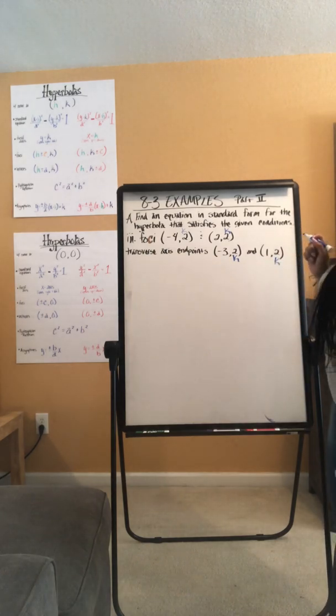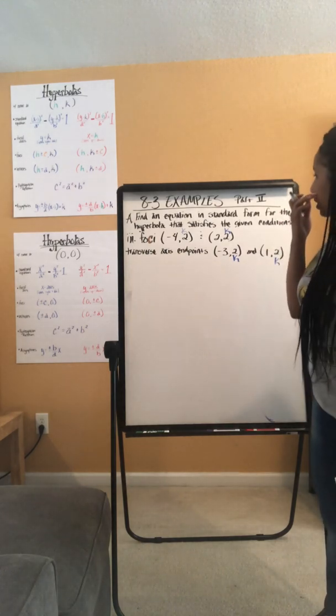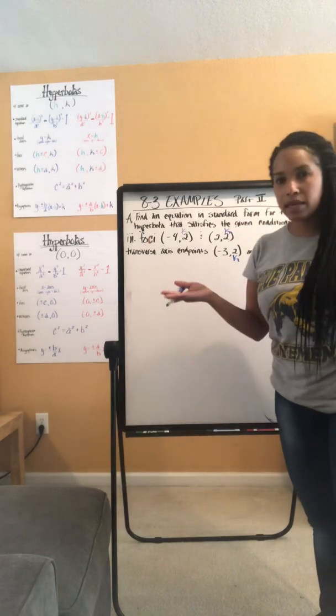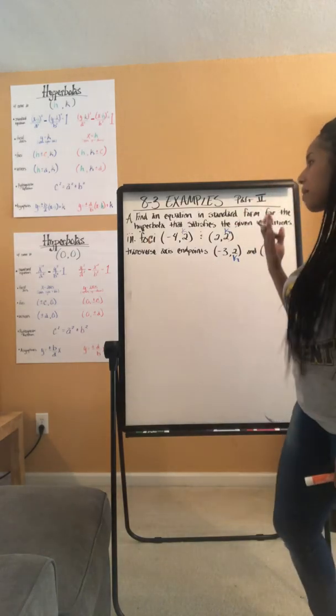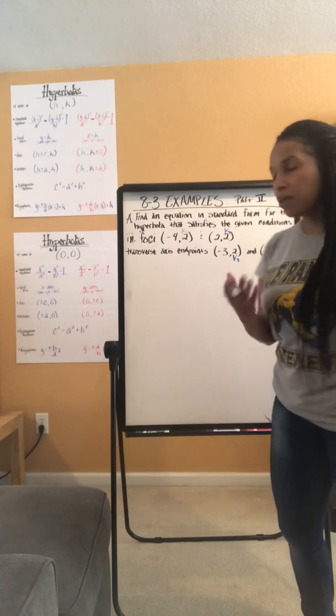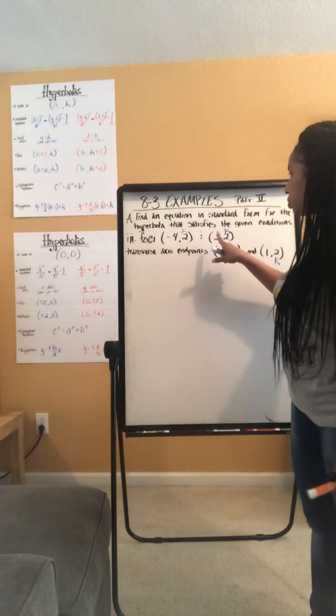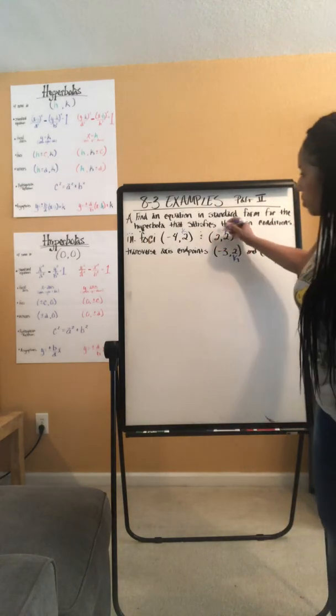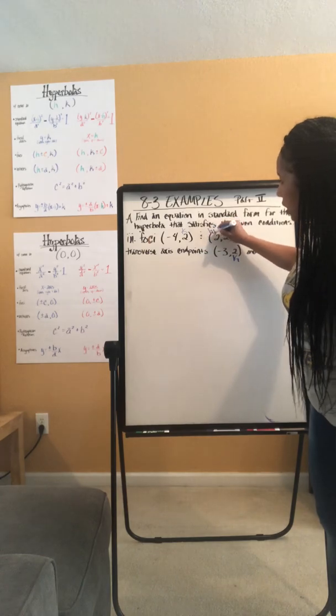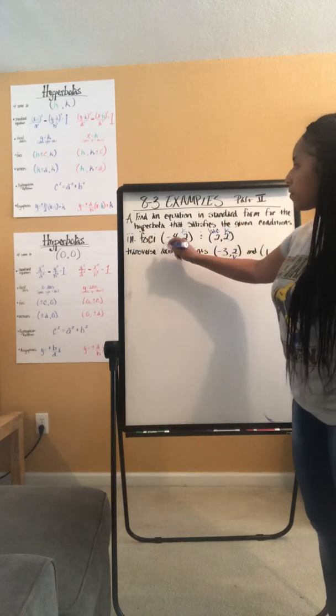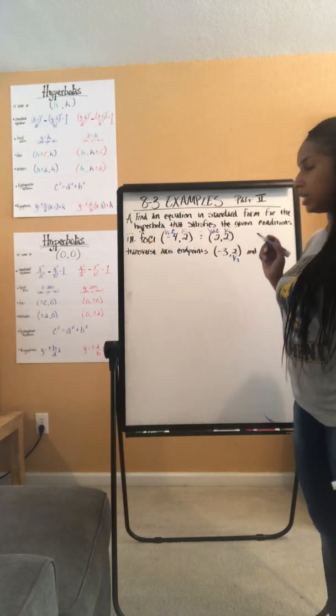On the foci, one of these is h plus c, the other is h minus c. The plus is always the bigger number. Between -4 and 2, 2 is the bigger number, so this is my h plus c, and -4 would be my h minus c.